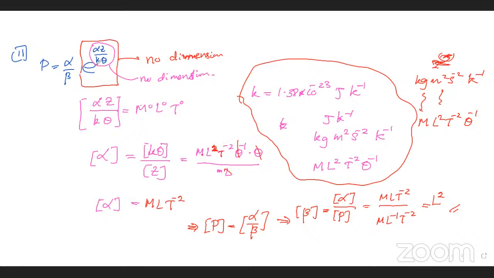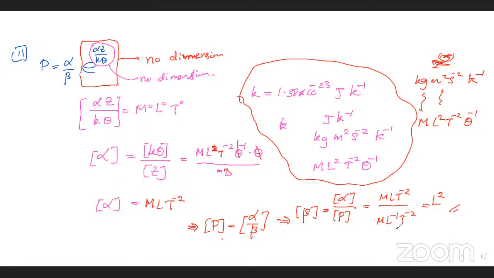Right? And then if this part has no dimension, the dimension of this side should equal the dimension of that side. So definitely the dimension of pressure should equal the dimension of alpha over beta in this case. If you want to find the dimension of beta, then make beta the subject, and it equals the dimension of alpha divided by the dimension of pressure P. Alpha's dimension we already found, M L T minus 2.